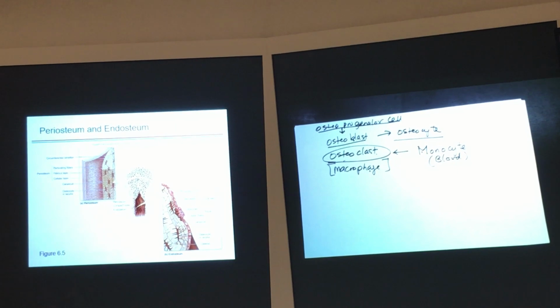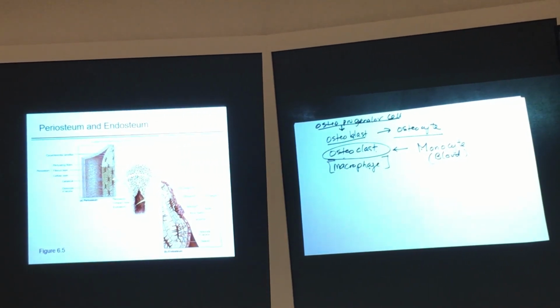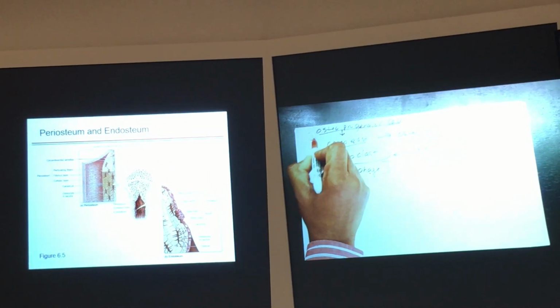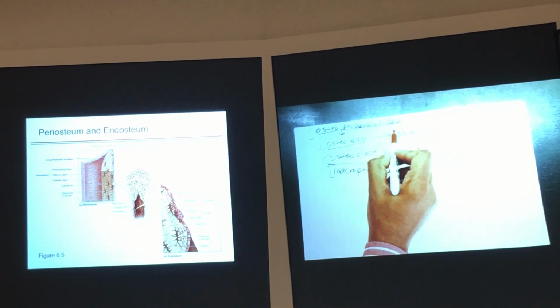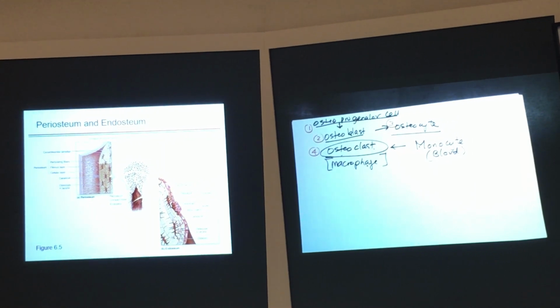So monocyte gives osteoclast, osteoprogenitor gives osteoblast and osteocyte. So in the bone, we have 1, 2, 3, and 4 types of cells.